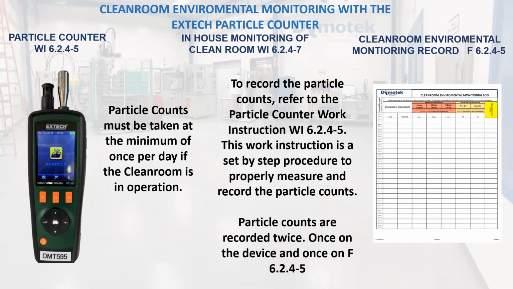To record the particle count, refer to the particle count work instruction 6.2.4-5. This work instruction is a step-by-step procedure to properly measure and record the particle counts. Particle counts are recorded twice, once on the device digitally and once on Form 6.2.4-5, the clean room environmental monitoring log.